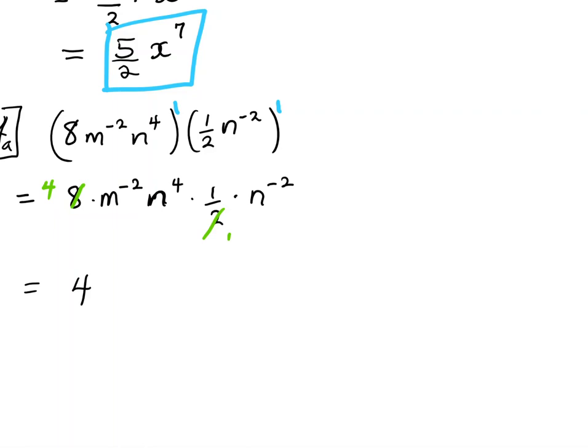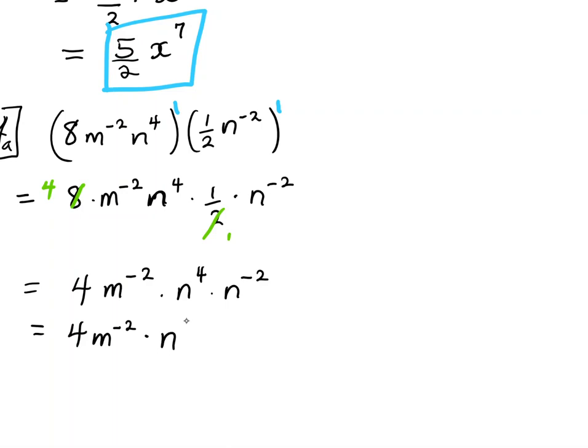Now, we have m raised to -2 times n raised to 4 times n raised to -2. We only have a single m here, so let us leave that. So that is 4m raised to -2 times, in this case, we have the same base n, right? So what do we do to the powers or the exponent? We add them.